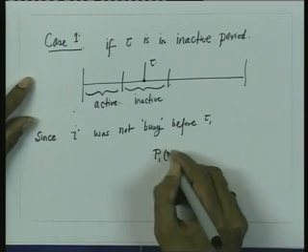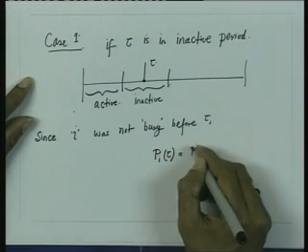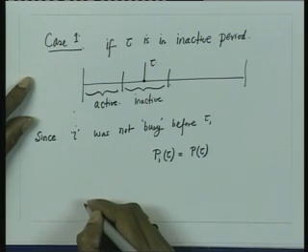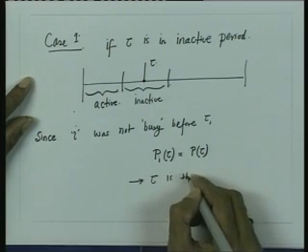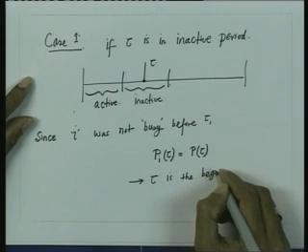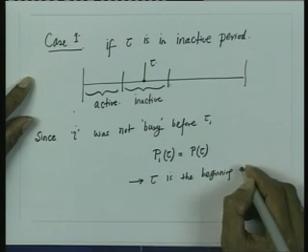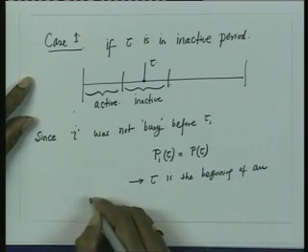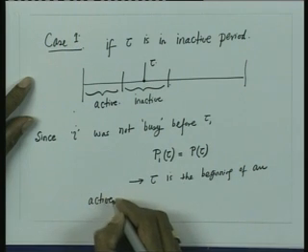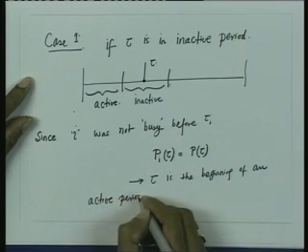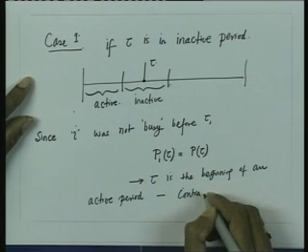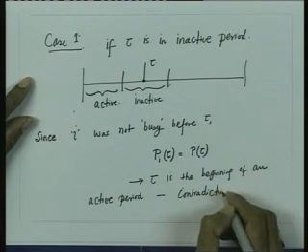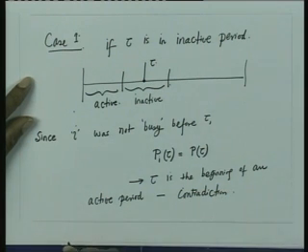So therefore pi tau should be equal to p tau, but that means that tau is the beginning of an active period also, which is a contradiction.